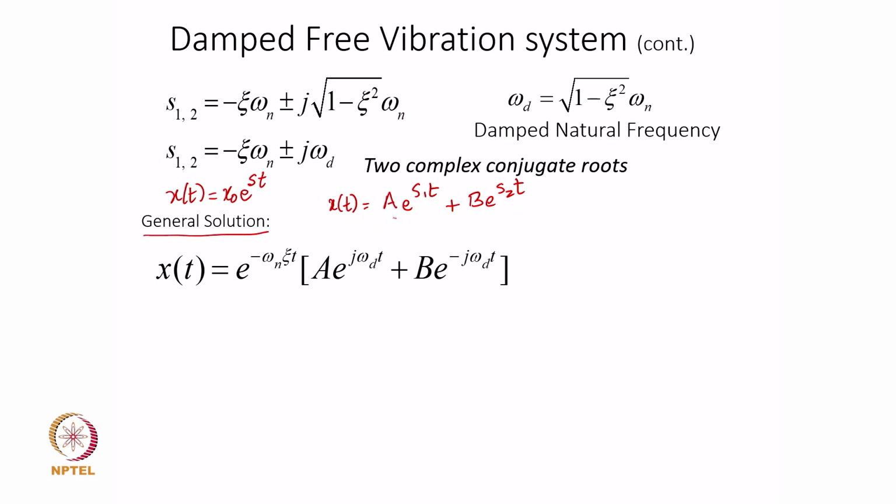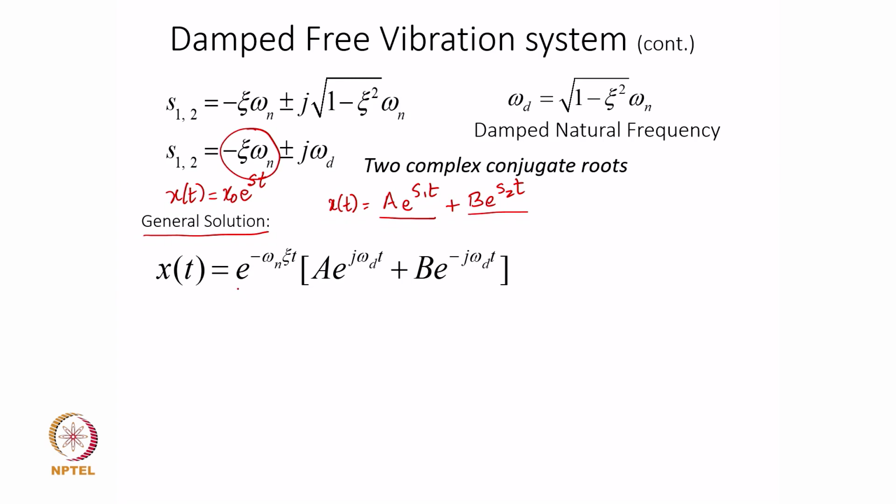So that is why S1 will contribute, S2 will contribute, and the total response will be simply the addition of the two terms. Now, as we notice, both S1 and S2 have a common real part.